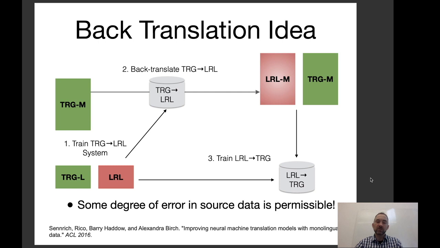However, if we have a little bit of noise in the source data, our model can learn to translate noisy data, or it can learn to translate clean data by having the data on the bottom left. As long as the noisy data and the clean data are similar, or as long as the noisy data still reflects most of the information on the target side, we can still see very good gains. This is a very effective method that lots and lots of people use in building state-of-the-art systems.